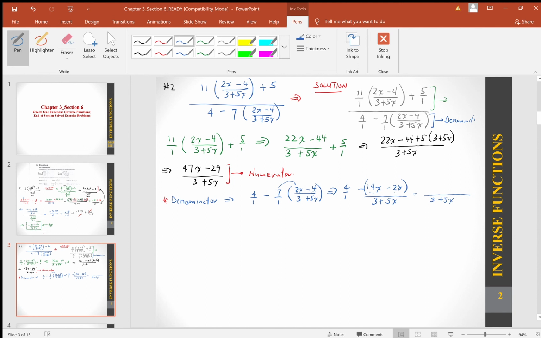So what I'm going to do now is 4 into (3 plus 5x) minus 14x plus 28. When you do the math, you're going to get (6x plus 40) all over (3 plus 5x). And again, this is your denominator.